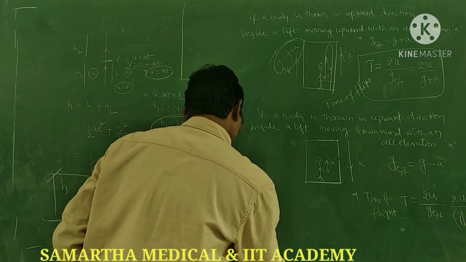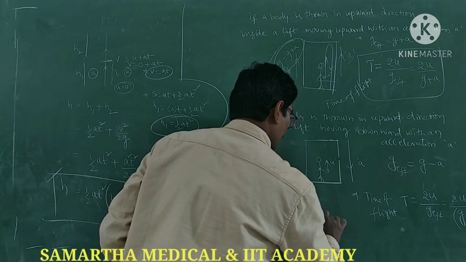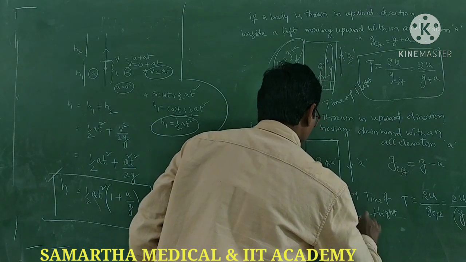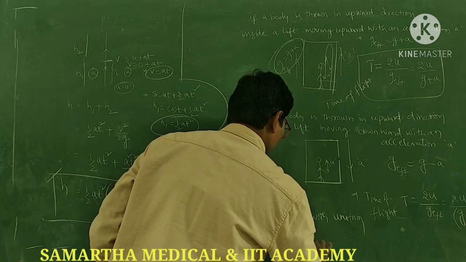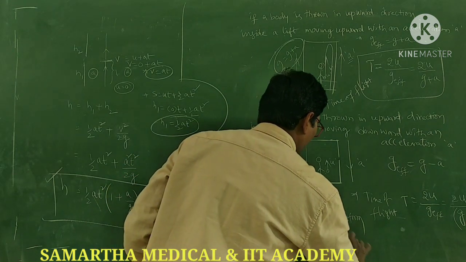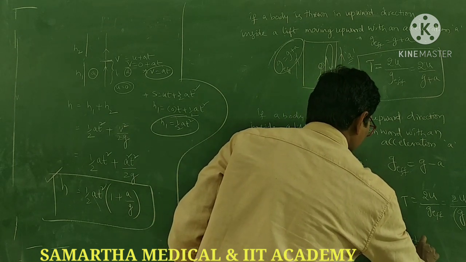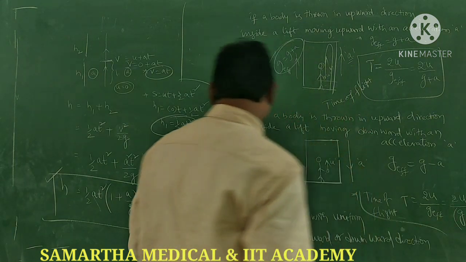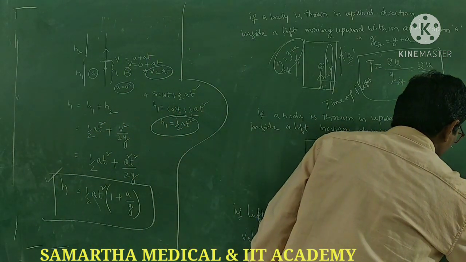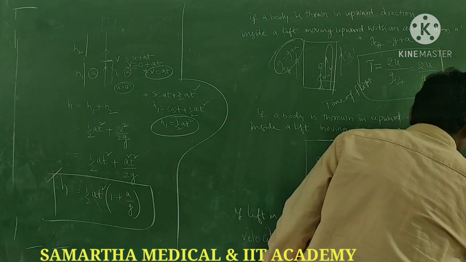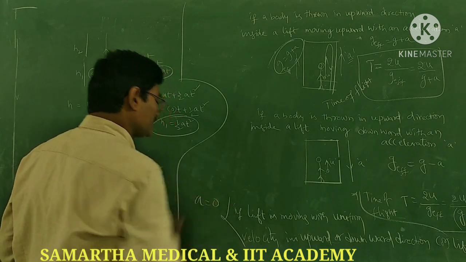If the lift is moving with uniform velocity in the upward or downward direction, or the lift is at rest, in that situation the acceleration a is equal to 0.